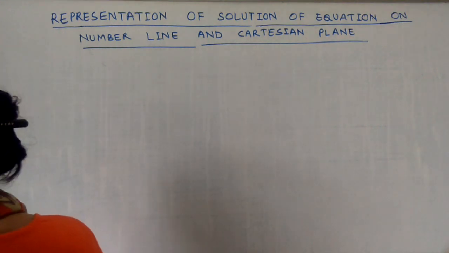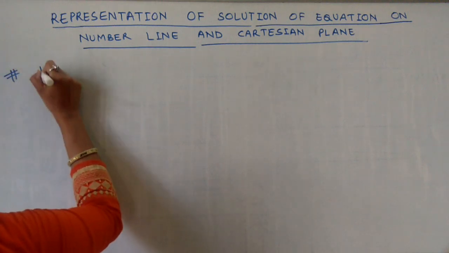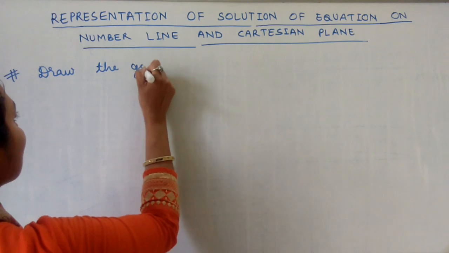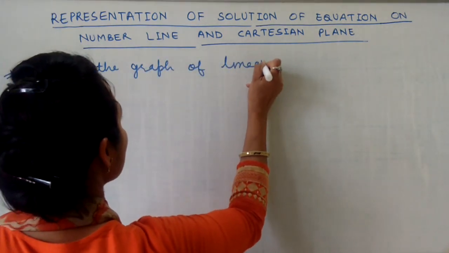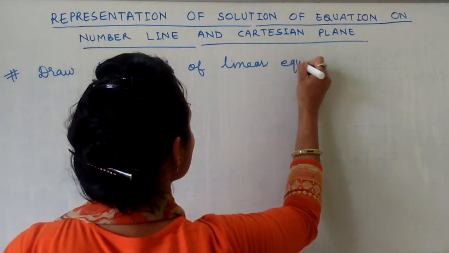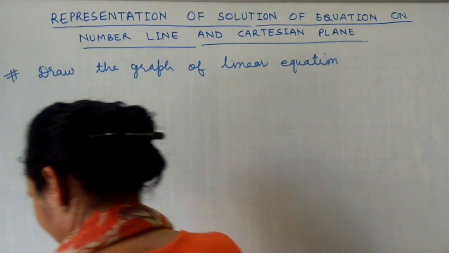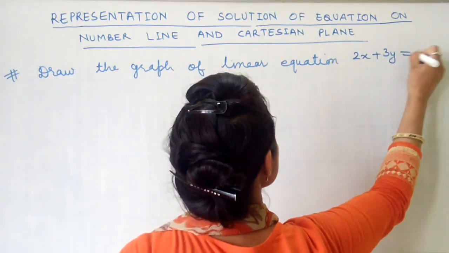You have to draw the graph of the linear equation. The question is: draw the graph of the linear equation 2x plus 3y is equal to 12.